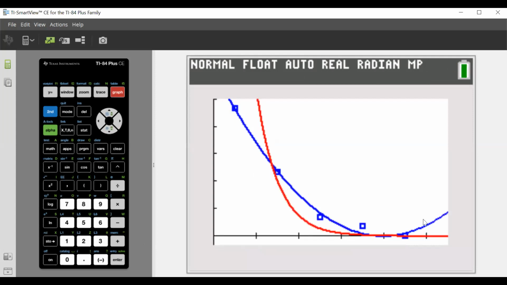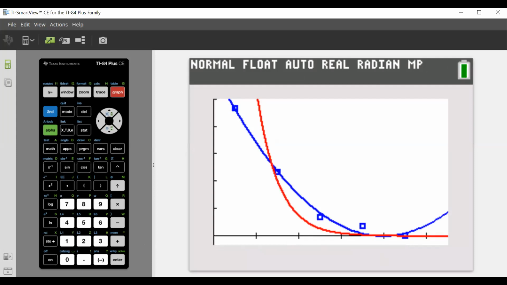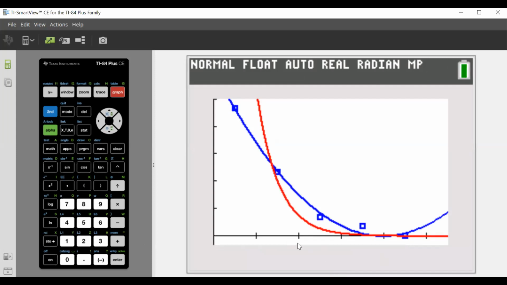And so that's our first point. Now looking at that data, which one looks like it's the best fit? Well, the blue line really looks like it's the better fit for the data, as far as the quadratic goes. So that's a key that it fits better. But what end behavior looks better?